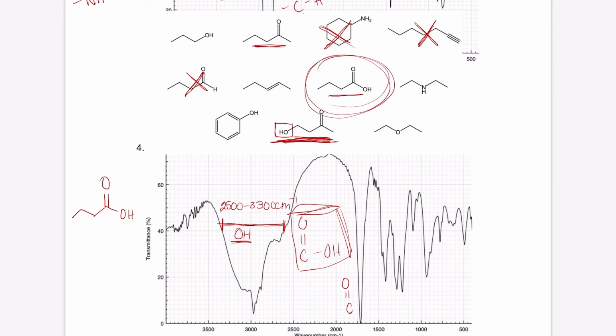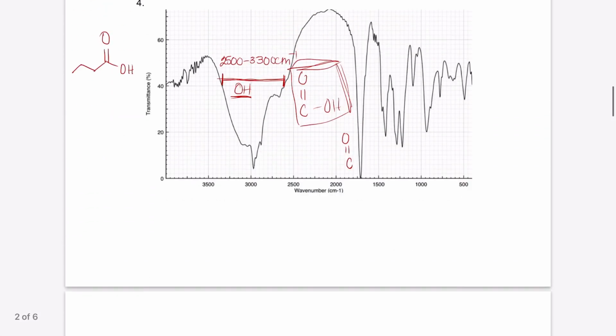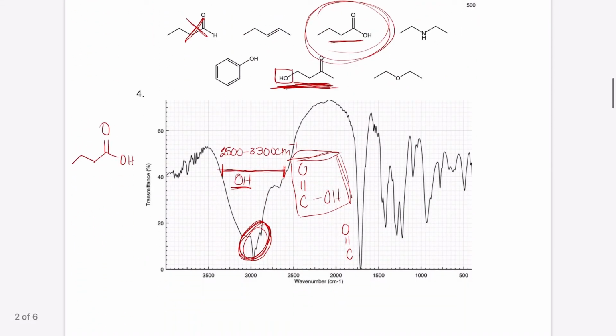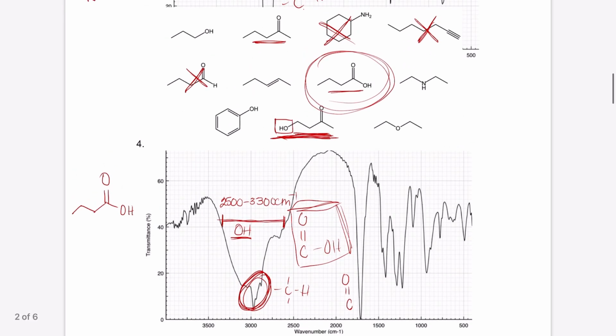So for this bottom structure, we would just see a really broad band right here, and we'd be able to see the alkane stretching separately. But with a lot of our carboxylic acids, our alkane stretching is kind of going to be mixed in with that OH band. And so that's how we know that this is going to be a carboxylic acid and not our ketone and our alcohol.